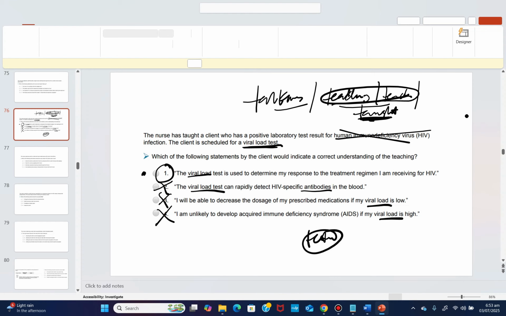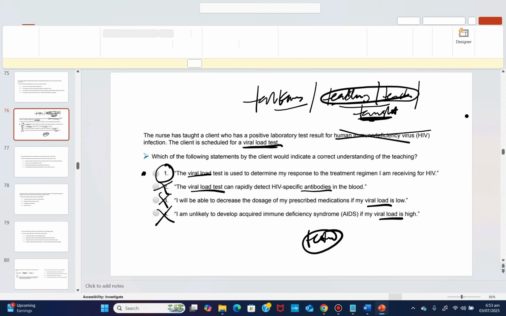So it's asking you, do we use viral load to determine response to treatment, which is 100% correct? Also, do you use viral load to determine antibodies? Obviously, no, we don't do that. Do we decrease our dosage? He said, I will be able to decrease my dosage of prescribed medication if my viral load is low. Definitely, we don't decrease dosage. And also, I am unlikely to develop AIDS if my viral load is high.